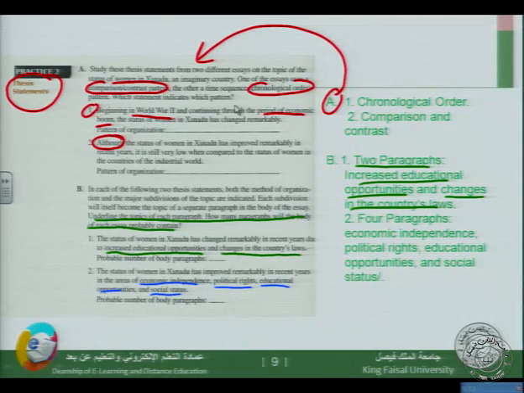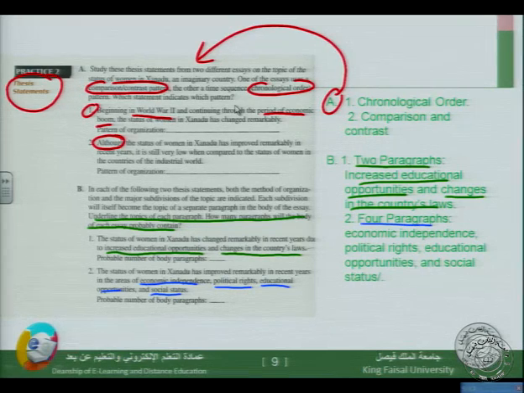We have 4. إذا ممكن we can expect the number of body paragraphs from the thesis statement itself. من خلالها. Okay, you need to look at the subtopics of the thesis statement, the subtopics. Okay, the subpoints. خلينا نحكي. We have the main point, the subpoint.